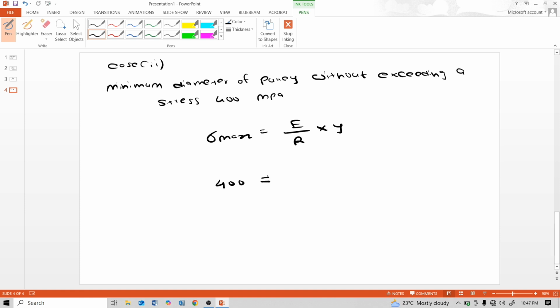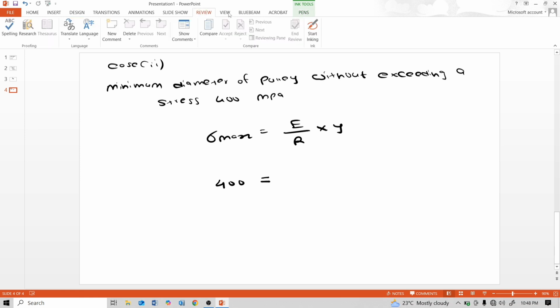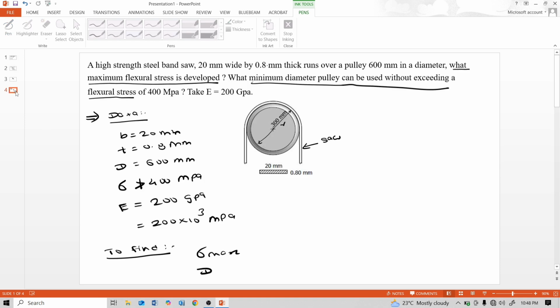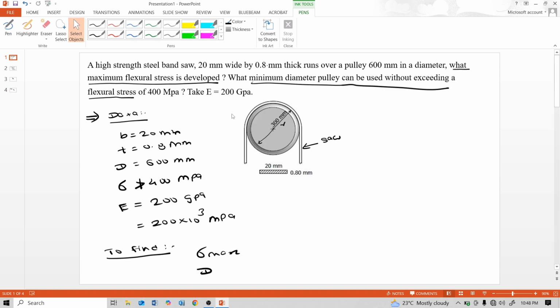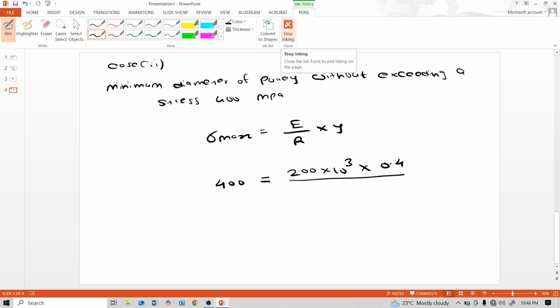So use the critical value: 400 MPa is equal to E by R. E is 200 into 10 raised to 3 MPa, y is 0.4 mm, and R, that means radius, is diameter by 2, where we have to calculate the diameter.